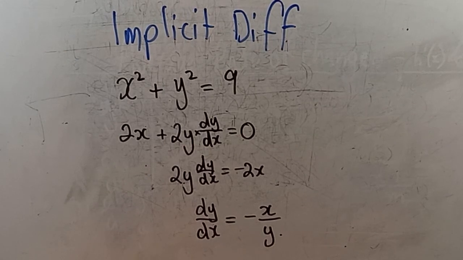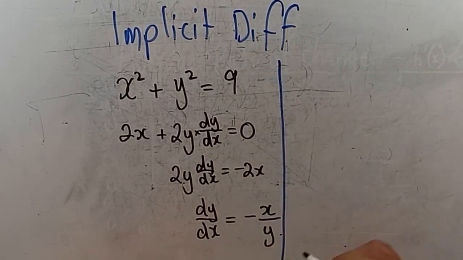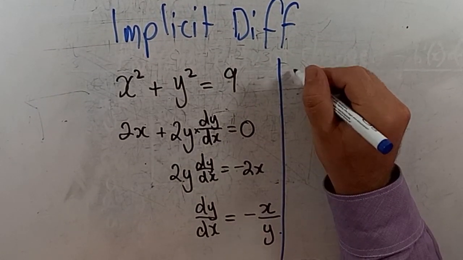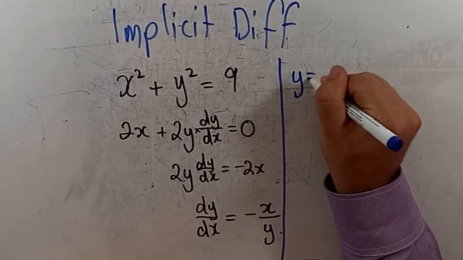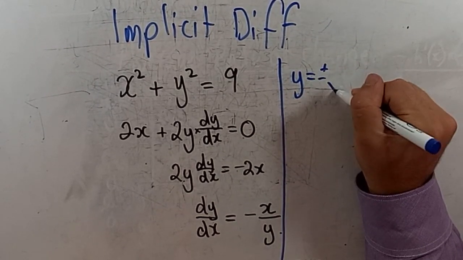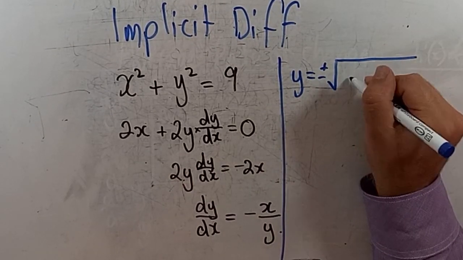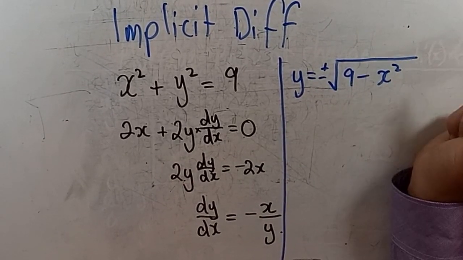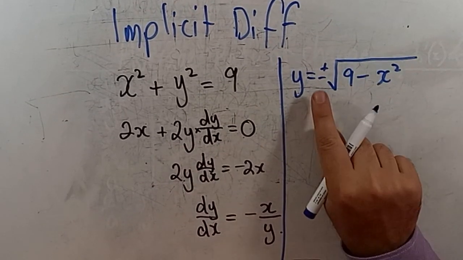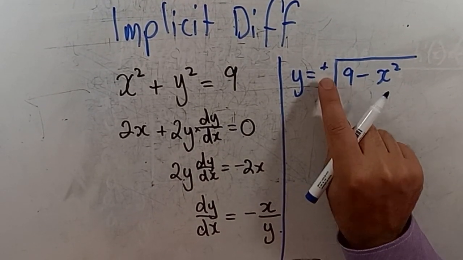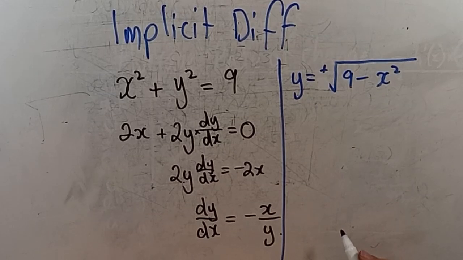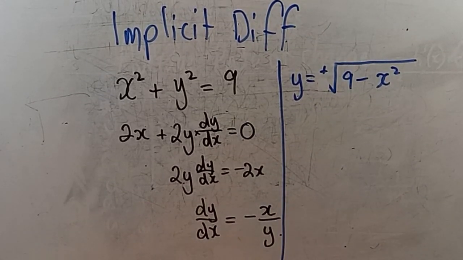Let's see if this is even right. Let's do it the old-fashioned way. So y equals plus or minus the square root of 9 minus x squared. Let's just do the positive function for the moment, because we can take the negative of it later on, since it's just multiplying by a negative.